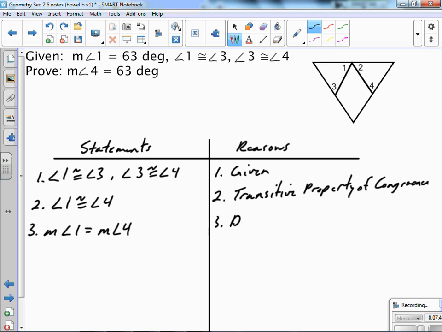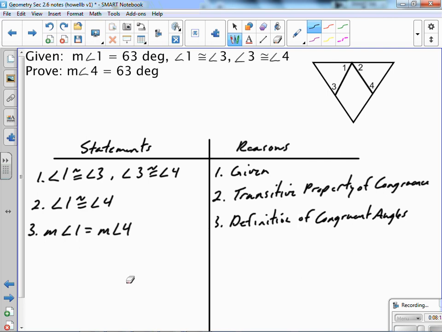And we know that by the definition of congruent angles. Because the definition of congruent angles says it's two angles with the same measure. So if they're congruent, they've got to have the same measure, or if they have the same measure, we know they're congruent. So switching from equal to congruent or congruent to equal, we're going to use the definition of congruent angles here.